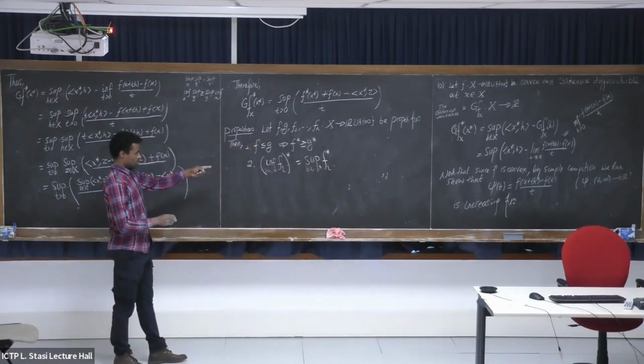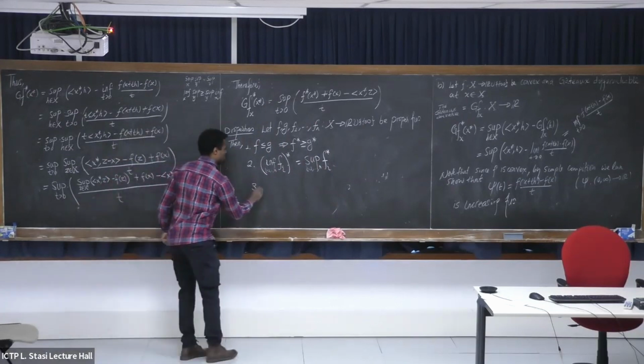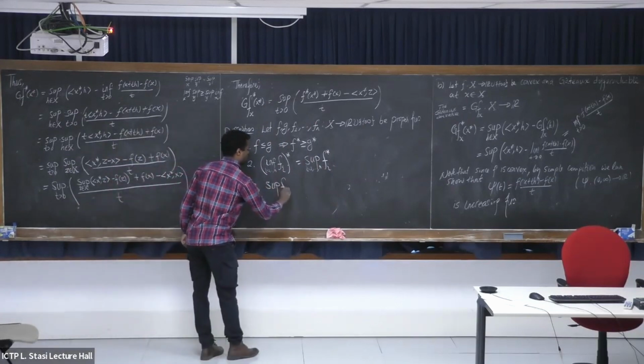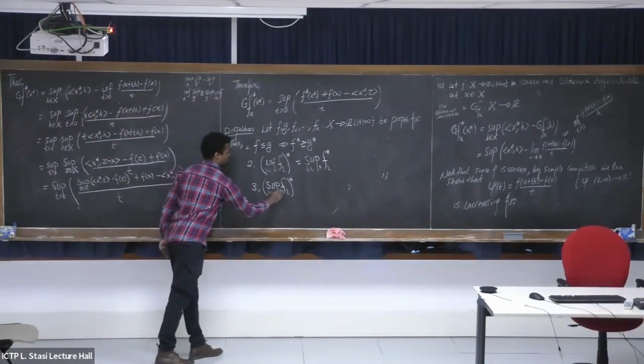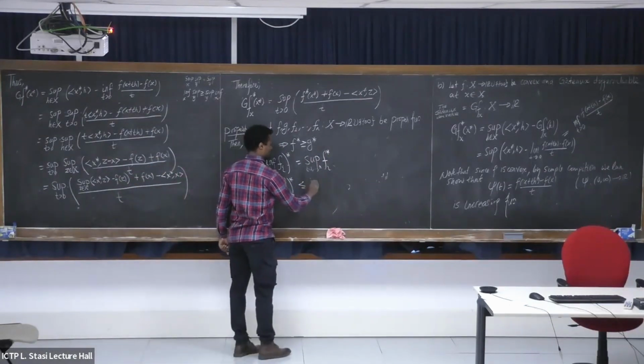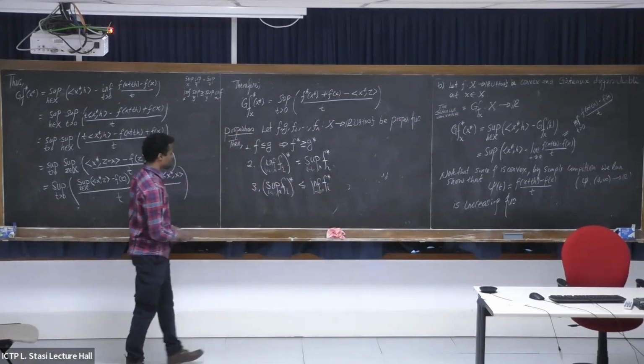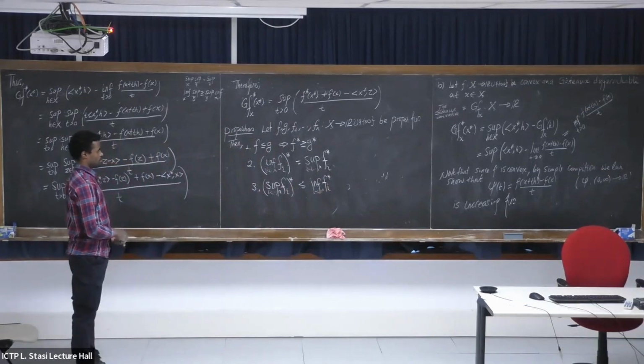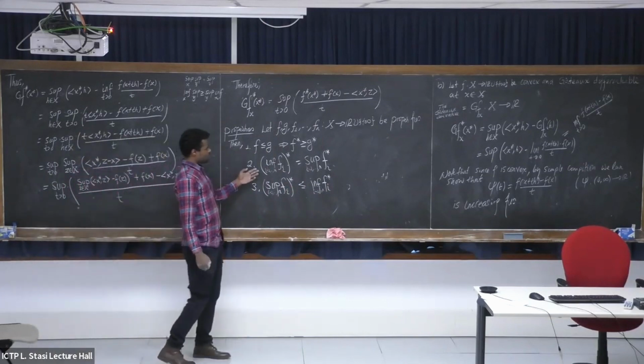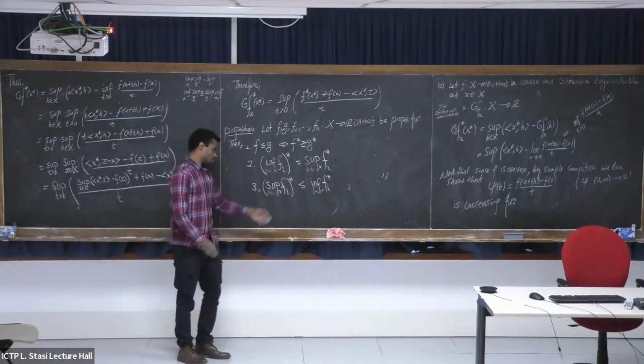This preserves equality. But in case of this, it is different. These are very important properties of the Fenchel conjugate. Equality is preserved here, and here it is less than or equal.